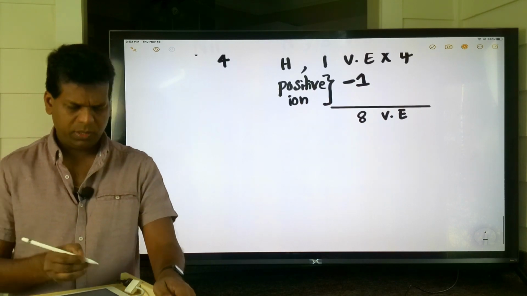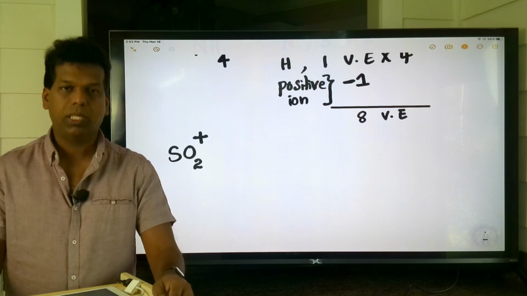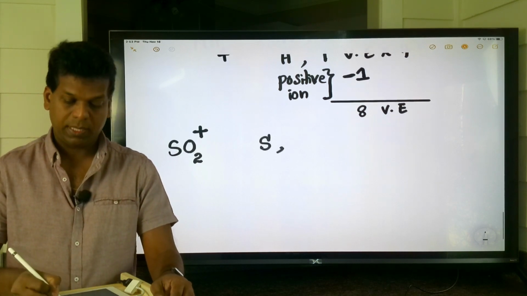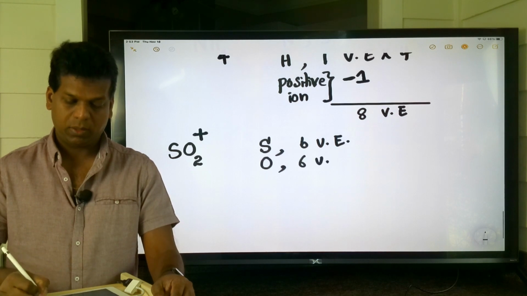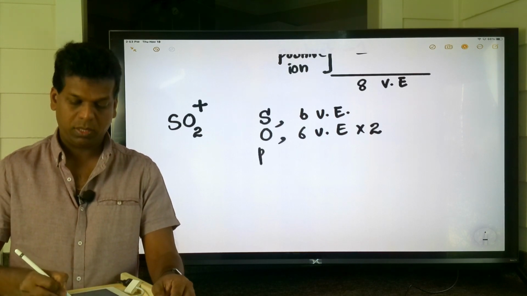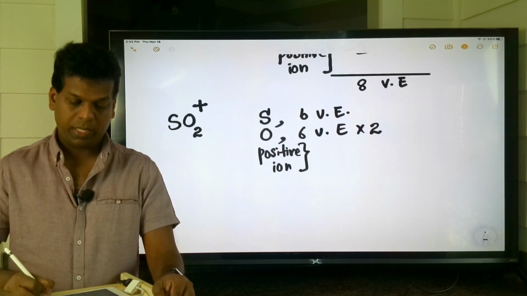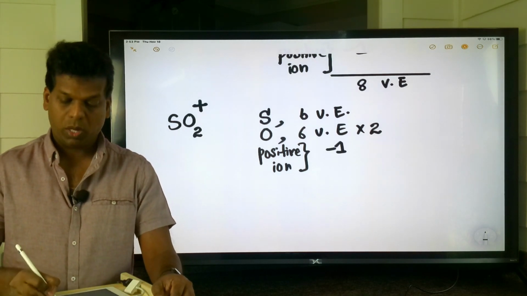Let's look at another one, SO2+. Let's say we have that kind of molecule. Sulfur is in group 6, 6 valence electrons. Oxygen again has 6 valence electrons, and there are 2 oxygens in the molecule. So this is a positive ion, and we have to account for that. You subtract 1 electron because the charge is positive 1.